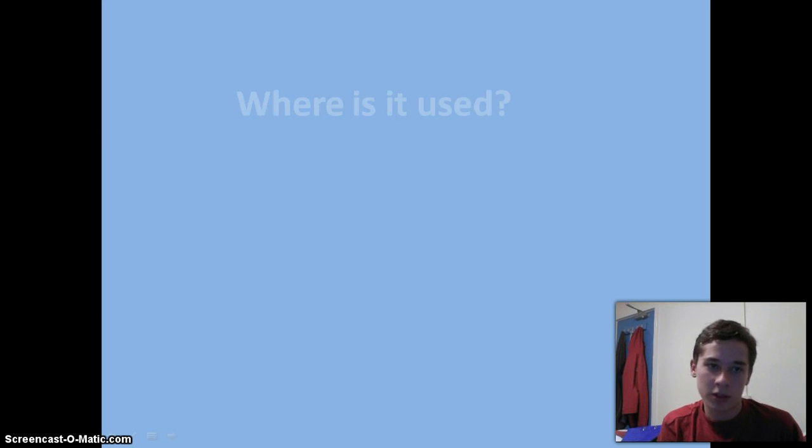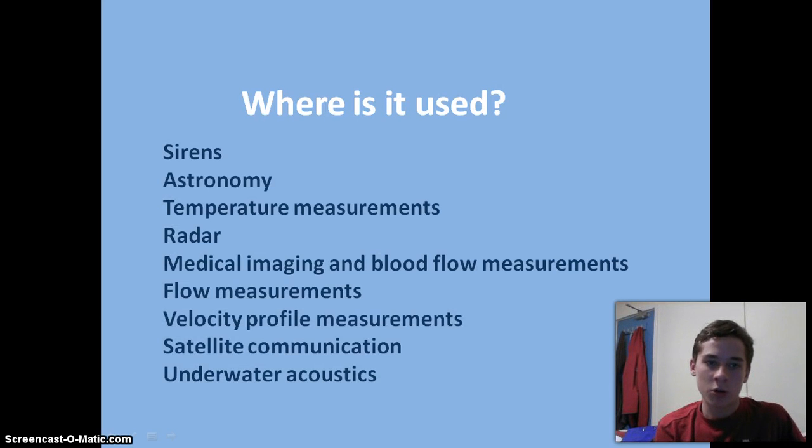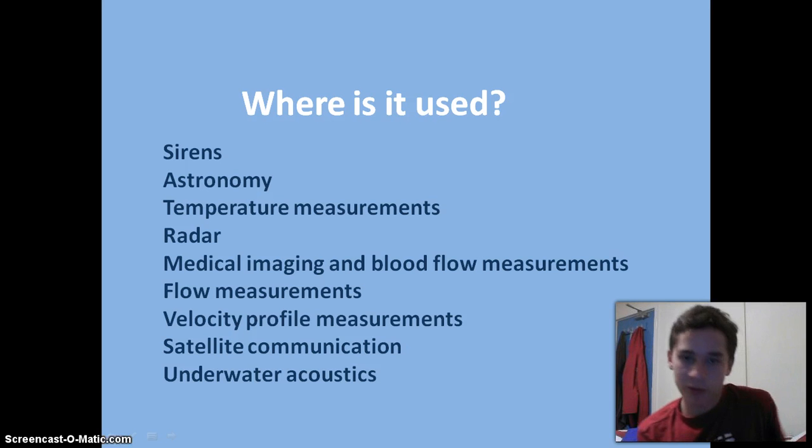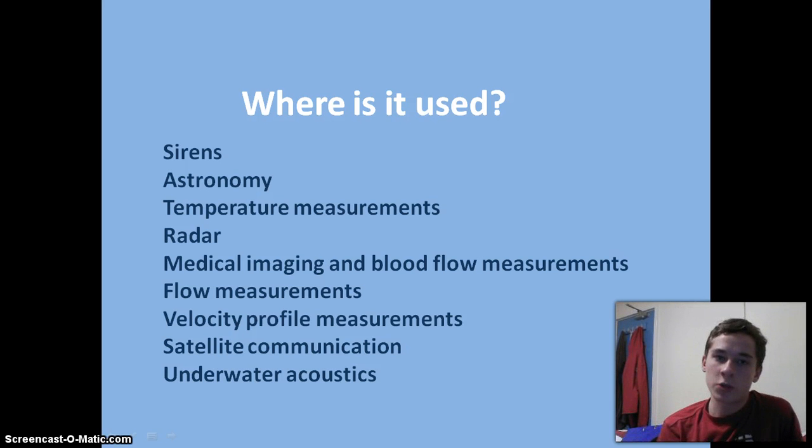Well, many different places: sirens, astronomy, temperature measurements, radar, medical imaging and blood flow measurements, velocity profile measurements, satellite communication and underwater acoustics. I'm going to go into astronomy in depth later, but those are just some brief ways in which it's used, and you can look into them further.